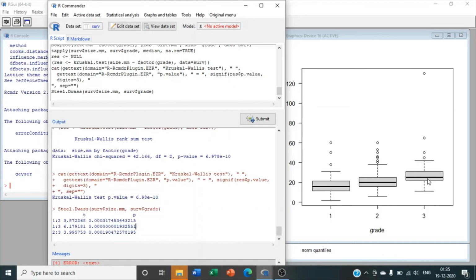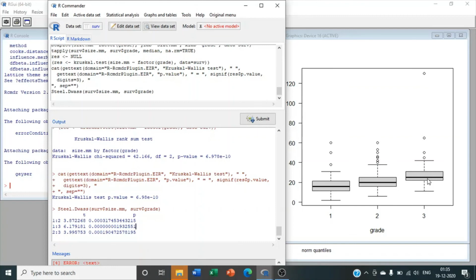The Gaussian one is the unpaired t-test, as well as the non-parametric equivalent. And we followed that up with the one-way ANOVA for comparing more than two groups, along with the post hoc tests and its non-parametric equivalent, which is the Kruskal-Wallis test.